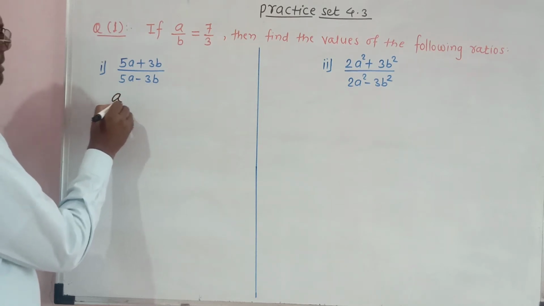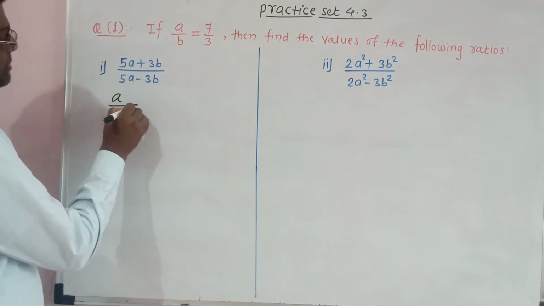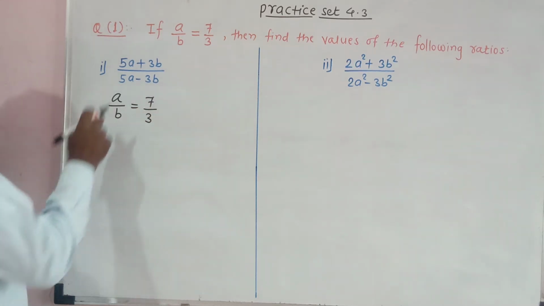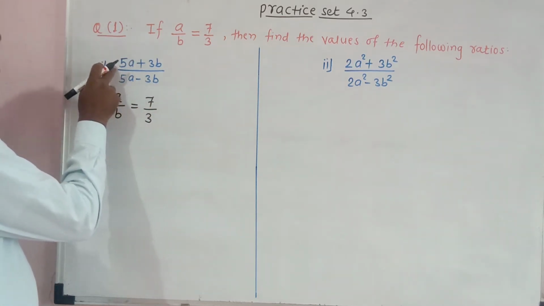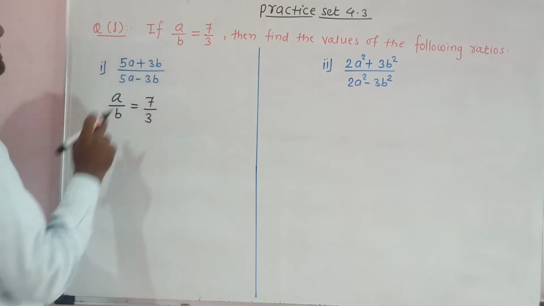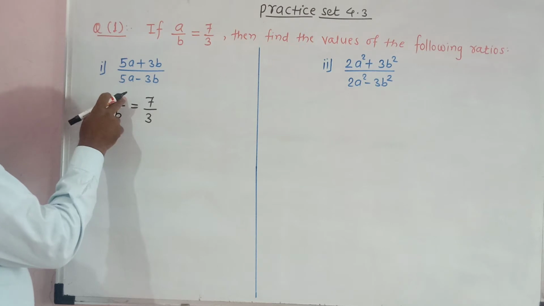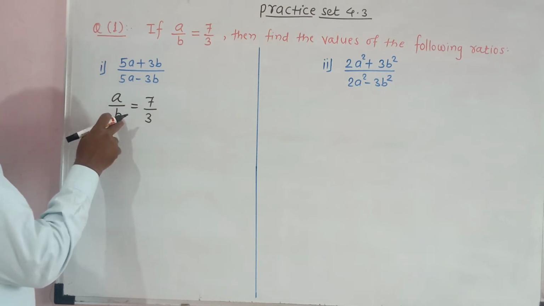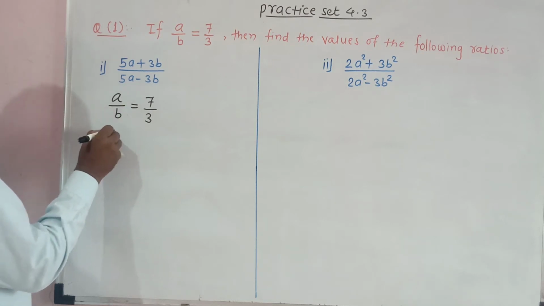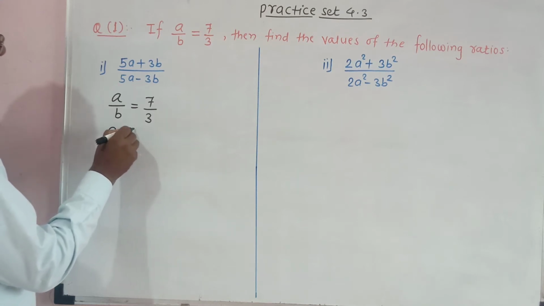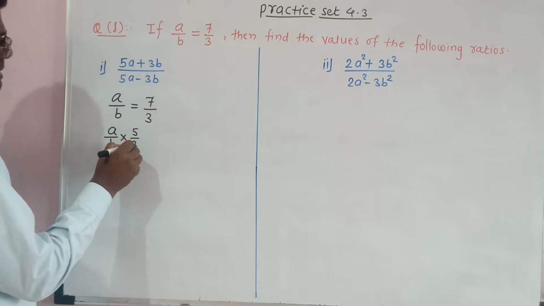Here we have given A upon B is equal to 7 upon 3. But in the example, the coefficient of A is 5 and the coefficient of B is 3. Therefore, here we have to multiply this A by 5 and this B by 3. Therefore, we multiply both sides of this equation by 5 upon 3.